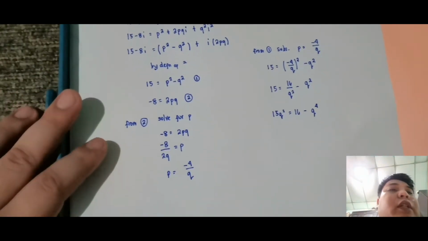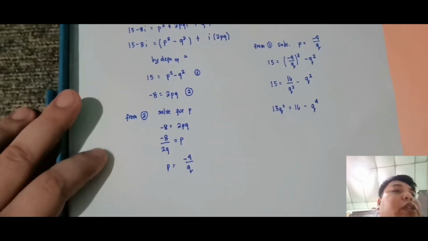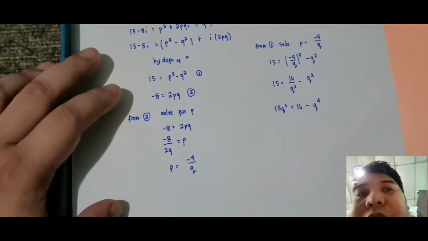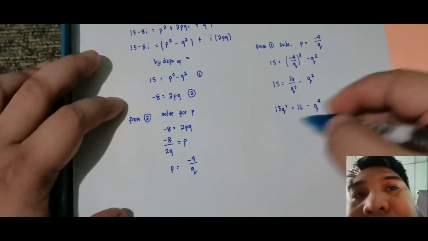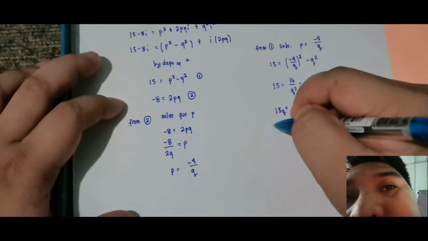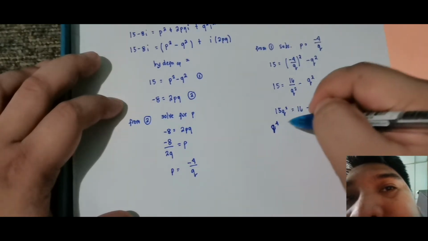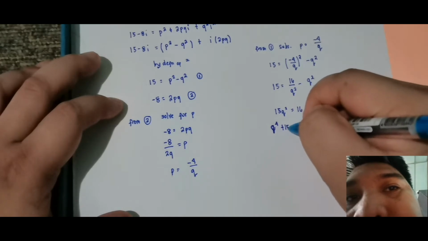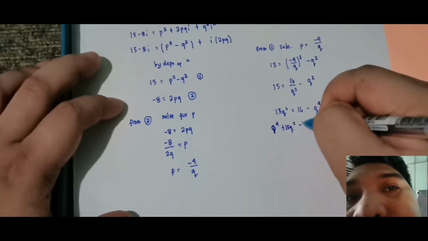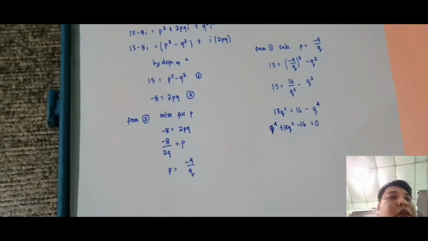Tama. Next natin dyan is we need to solve for Q squared or Q to the 4th. Simplify further. Gawin ko itong Q to the 4th, gawin ko positive, plus 15Q squared minus 16 is equal to 0. Obviously, factorable siya, no?